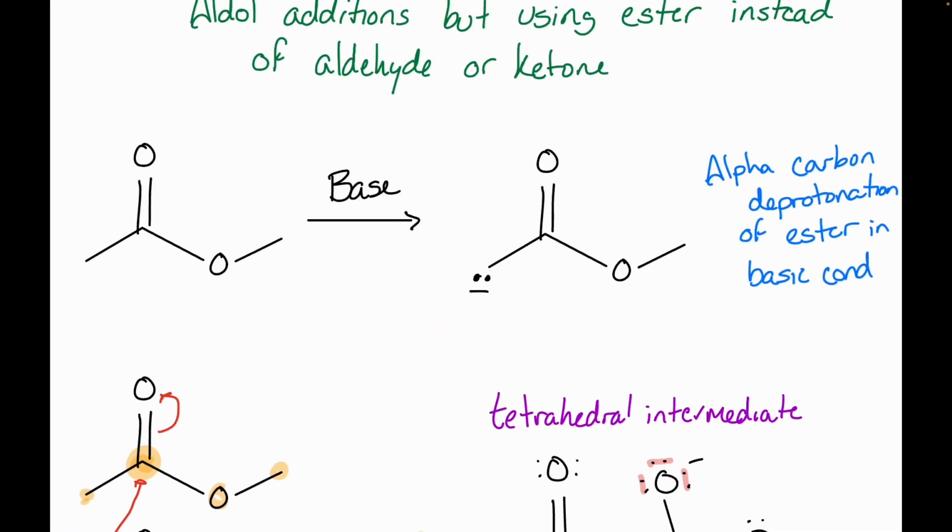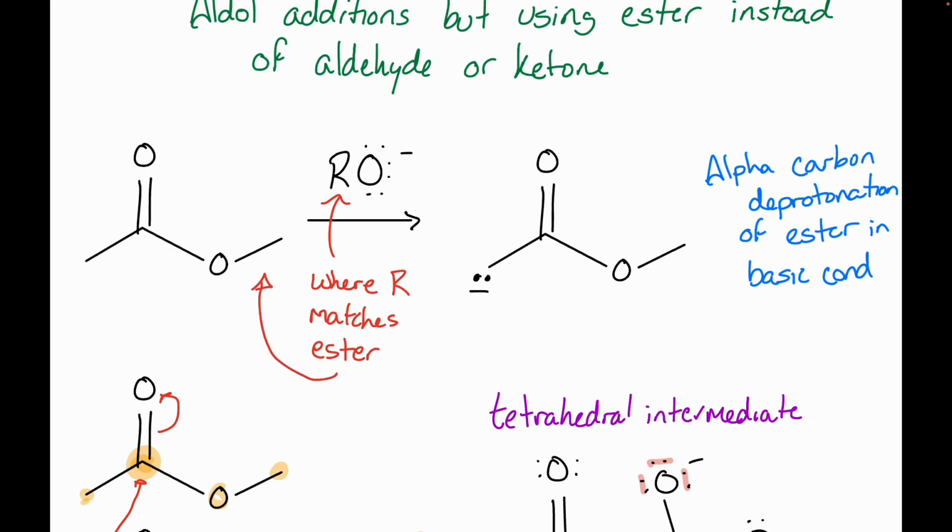So these will specifically use these alkoxide ions, RO-, okay, and again, R matches your ester functional group. So in this case, you would use a methoxide as your base, because that's what's going to end up being kicked off in this reaction.